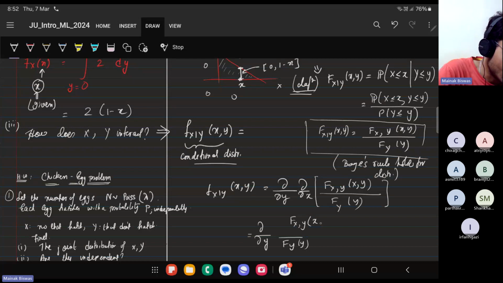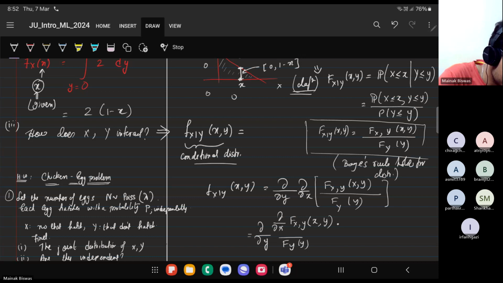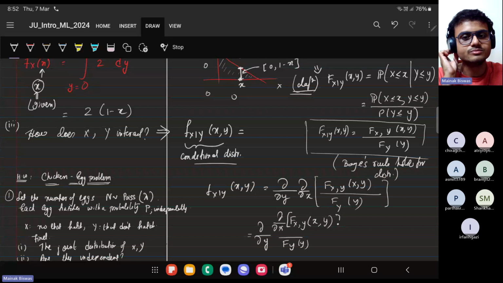Just the numerator will be differentiated.